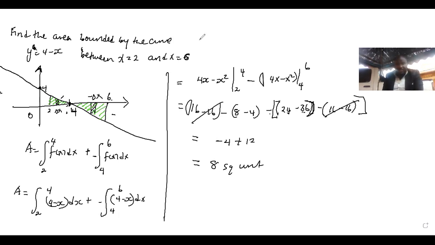Another way one could have handled this solution is by saying, because both of them have a limit integral of 2, you're integrating from 2 to 4, there's a difference of 2. You're integrating from 4 to 6, there's a difference of 2.